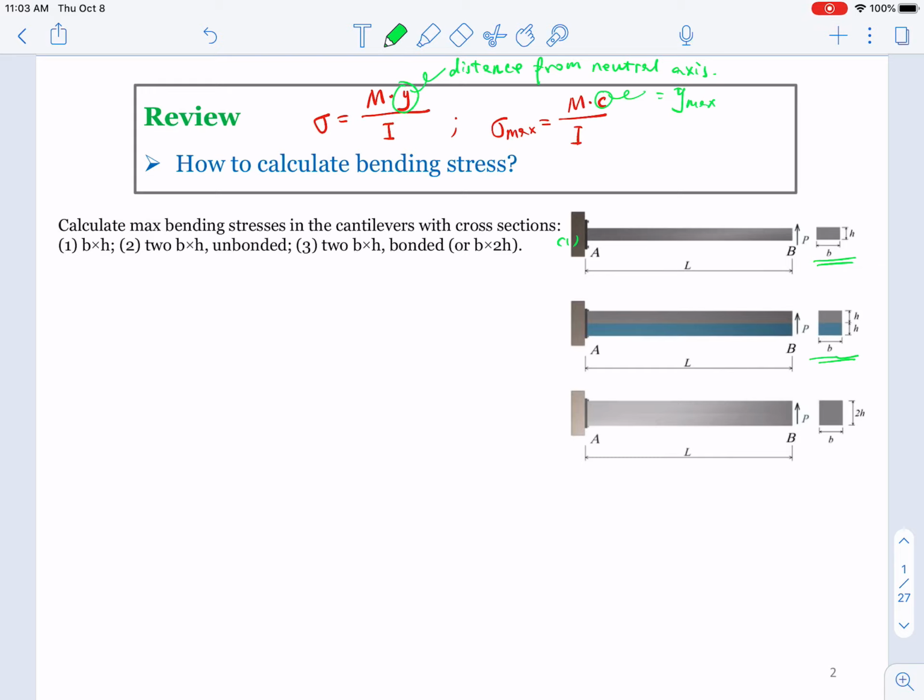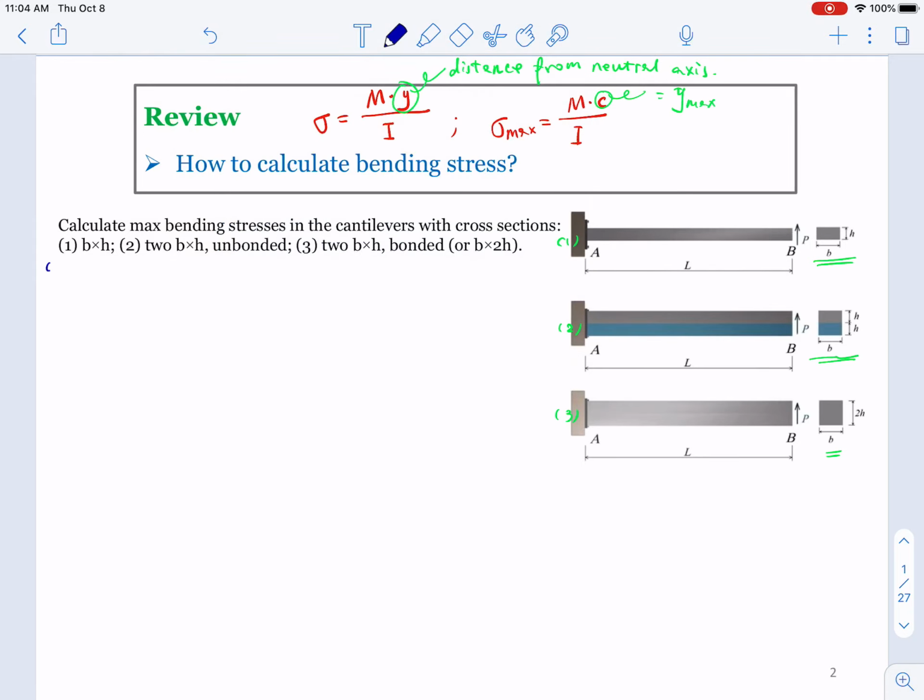They're just two parallel beams carrying a load P. In the third case, we get these two sections, the same material, perfectly bonded together, so you get a cross section B times 2H. In these three different cases, let's calculate the maximum bending stress.